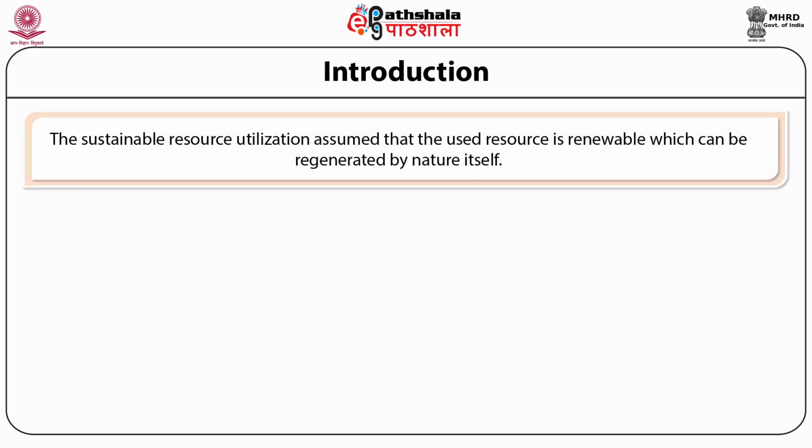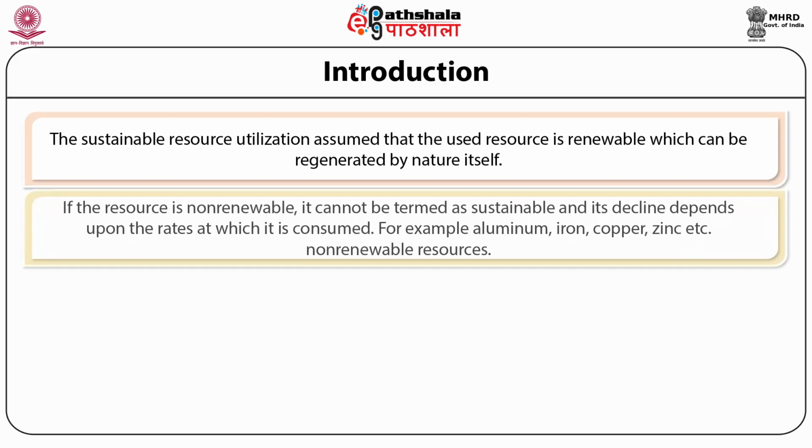Sustainable resource utilization assumes that the used resource is renewable, which can be regenerated by nature itself. If the resource is non-renewable, it cannot be termed sustainable, and its decline depends upon the rate at which it is consumed. For example, aluminum, iron, copper, zinc, etc. are non-renewable resources.